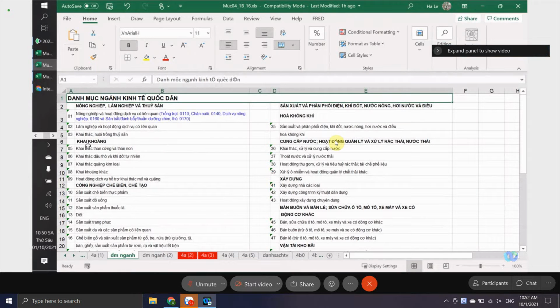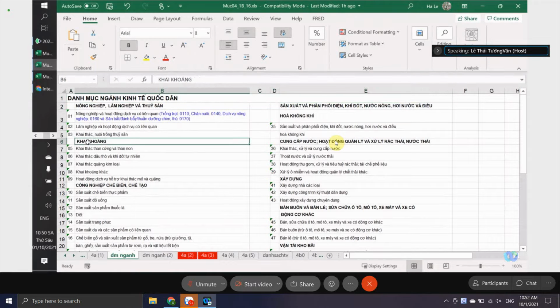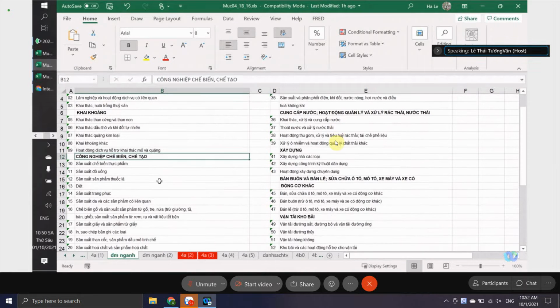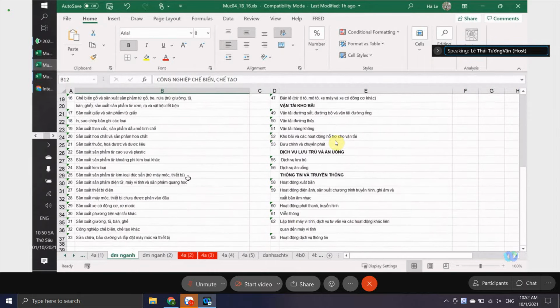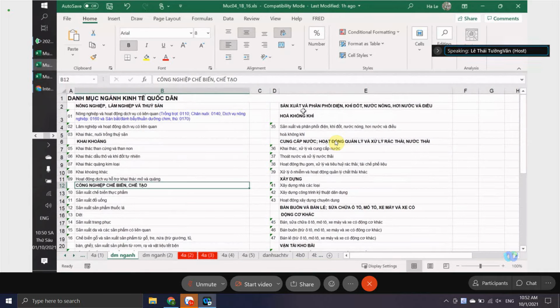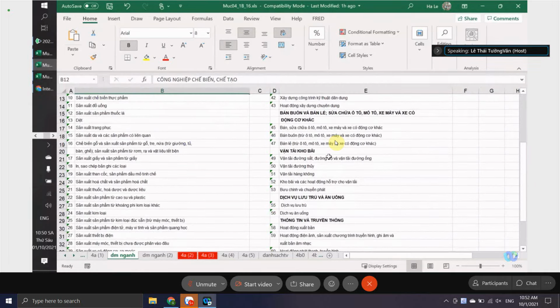Mining and quarrying is khai khoáng. Manufacturing is công nghiệp chế biến chế tạo. Gas, electricity, and so on. They are exactly the same. It's just that when you go to very detailed industries, it will be different from the international one.